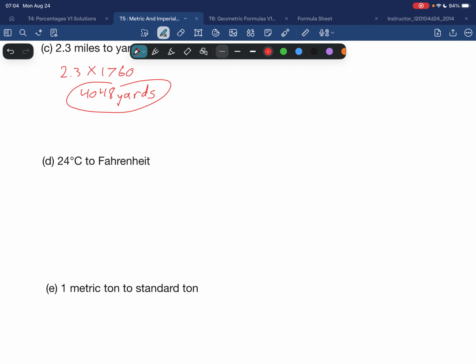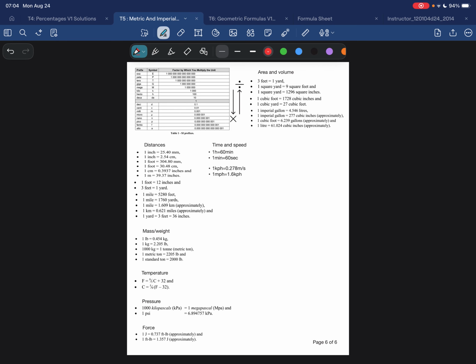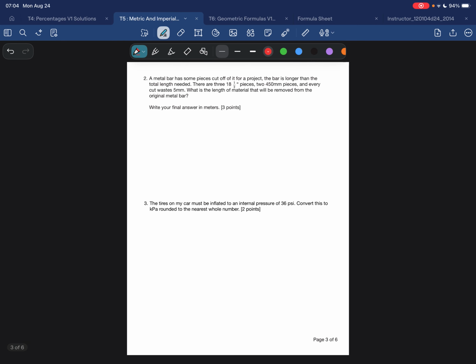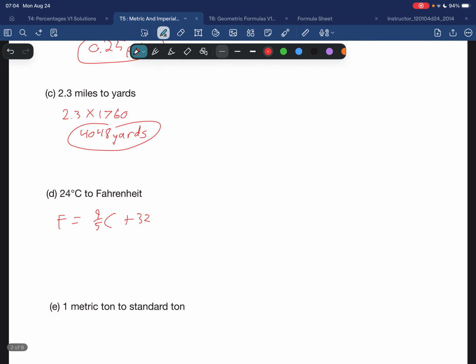24 degrees Celsius to Fahrenheit. Checking the formula here. We are given Celsius. We want Fahrenheit. So this is 9 over 5 Celsius plus 32 is our formula here.